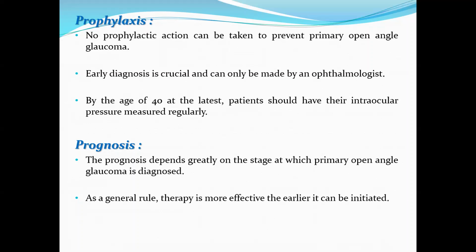Early diagnosis is crucial and can only be made by an ophthalmologist. By the age of 40 at the latest, patients should have their intraocular pressure measured regularly. And prognosis: the prognosis depends greatly on the stage at which primary open-angle glaucoma is diagnosed. As a general rule, therapy is more effective the earlier it can be initiated.